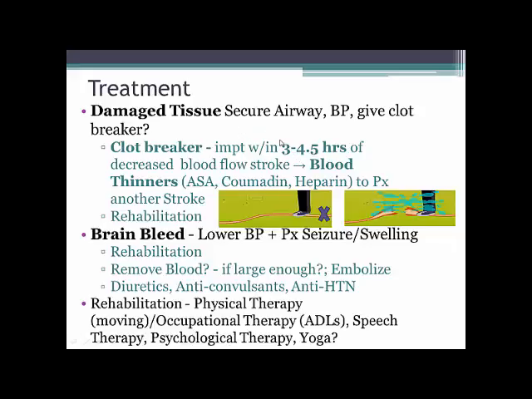Our main goals in this type of stroke are to make sure the patient can breathe, also control their blood pressure if it's excessively elevated, and again give the clot breaker if needed.